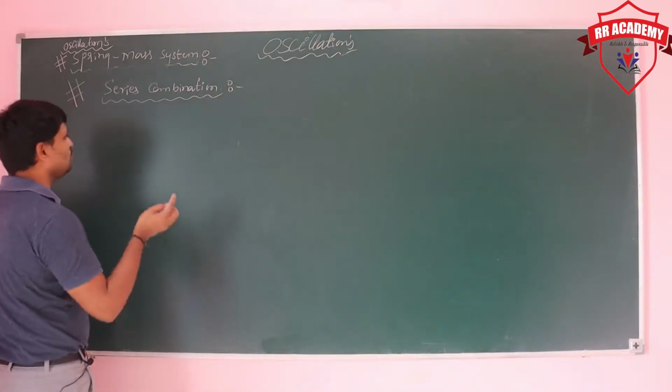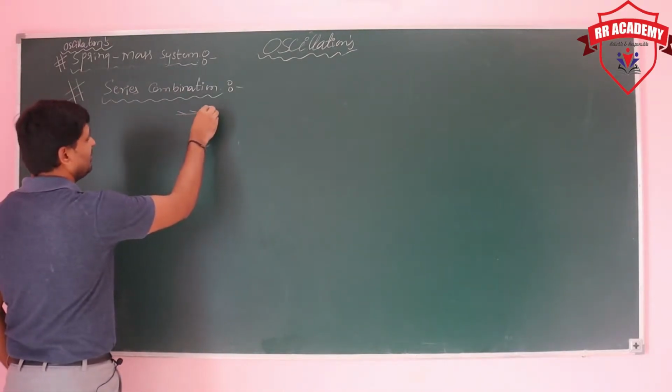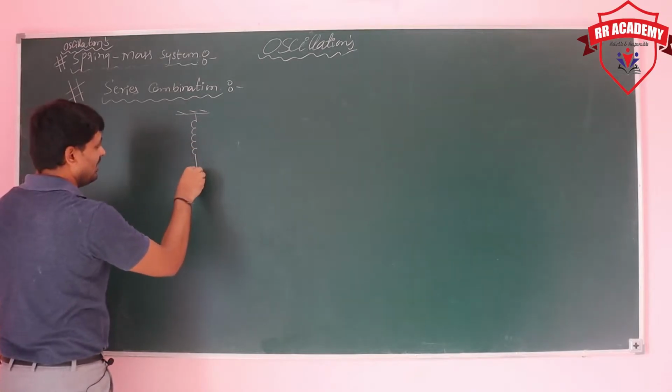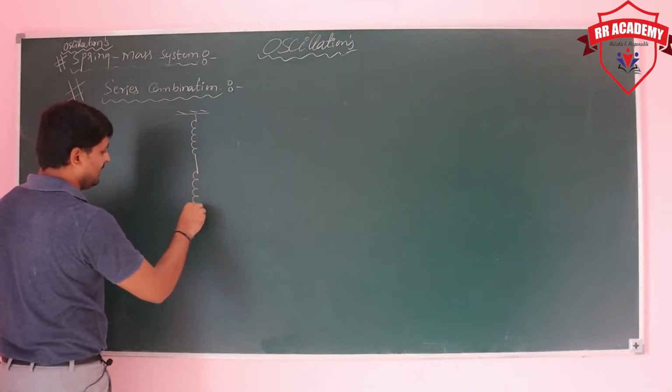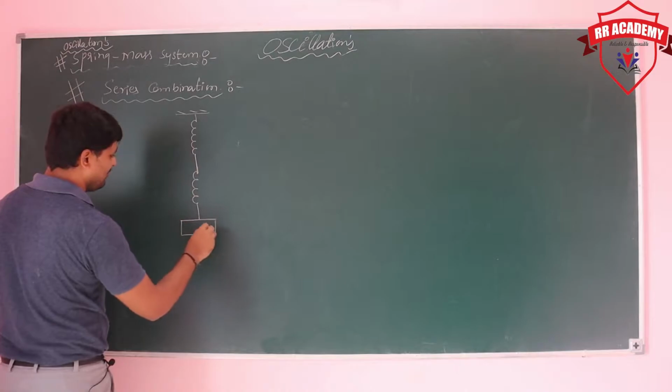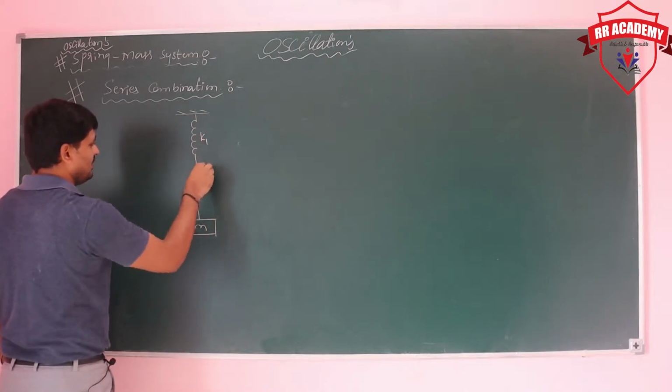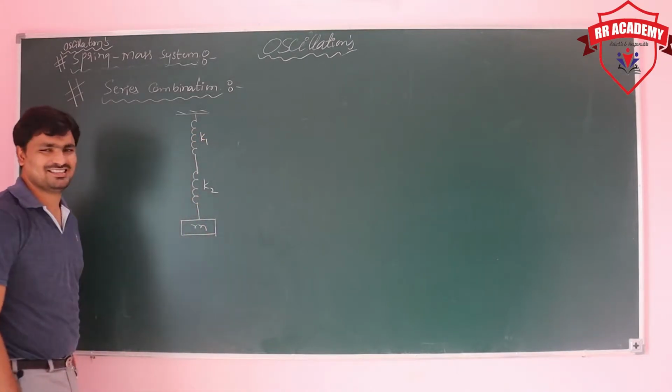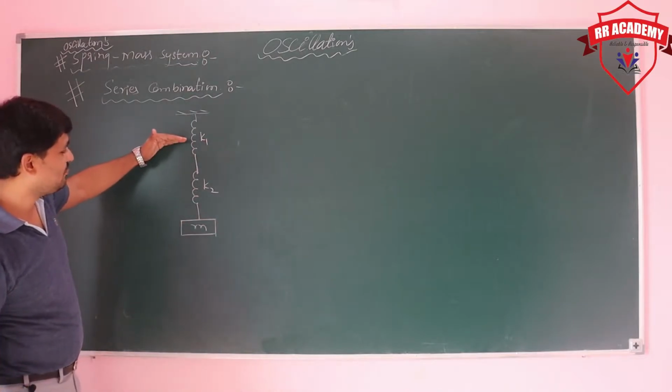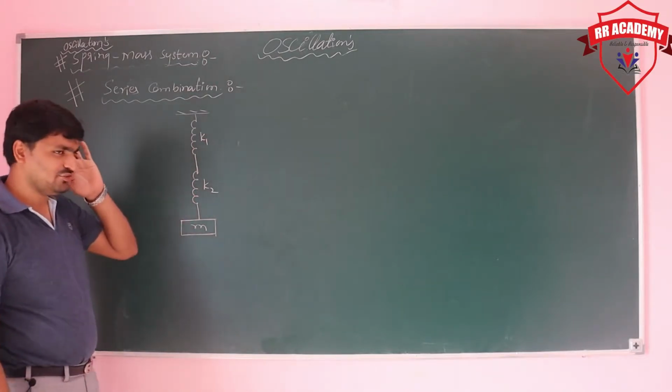Here I am considering two springs of spring constants K1 and K2 attached end to end. This combination is simply called series combination. One end of this spring is joined to the other end of this spring.